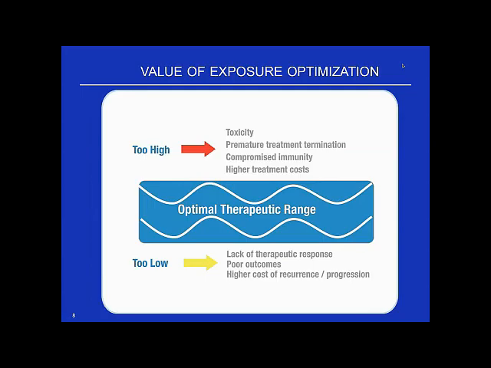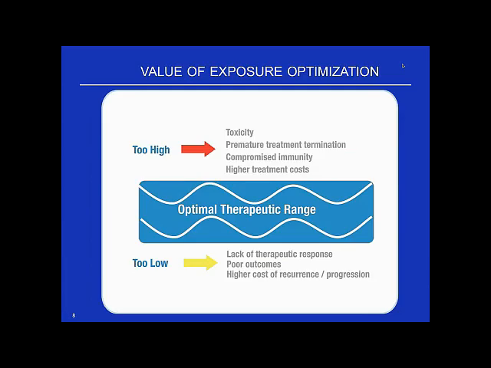If the drug levels are above the optimal therapeutic range in the so-called toxic range, that can obviously lead to increased incidence of serious adverse events, which can then lead to premature termination of a treatment that may actually be working.